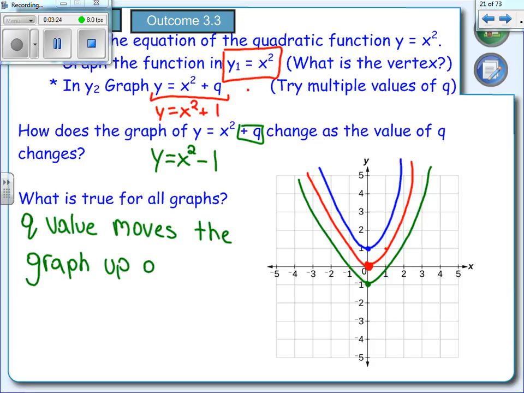We'll notice that when it was plus 1, it went up. When it was minus 1, it went down. If I had done plus 2, then the graph would have gone 2 up. And if I had done minus 2, then the graph would have gone 2 down. A good point of reference is always the vertex. If you look at the vertex, you'll see that it went 1 up, and then it went 1 down. So a positive means up. A negative means down.